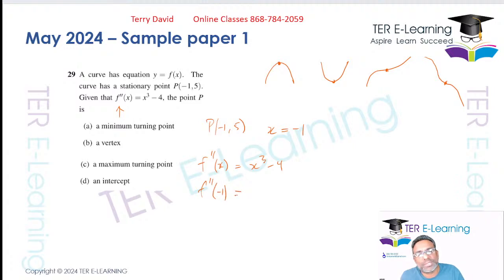This is minus 1 cubed minus 4. Minus 1 cubed is minus 1, and minus 1 minus 4 is minus 5. We don't really care about the answer, only the sign. If it is negative, it is going to be a maximum turning point. So the answer is going to be C.